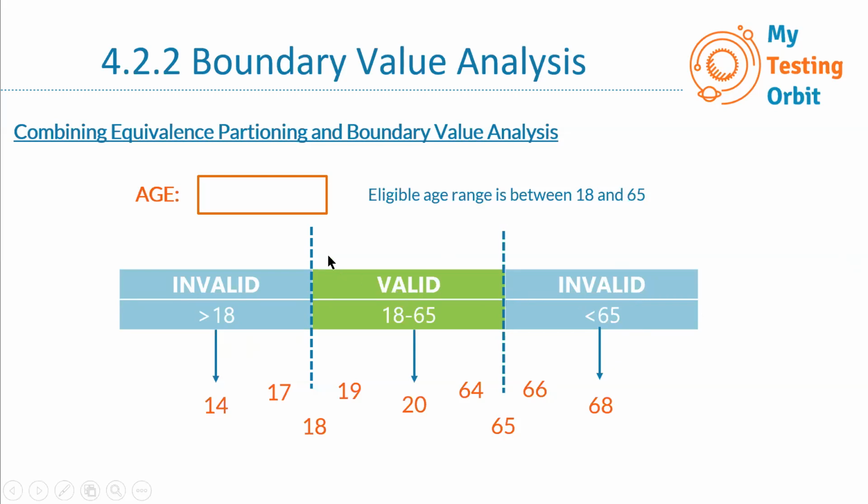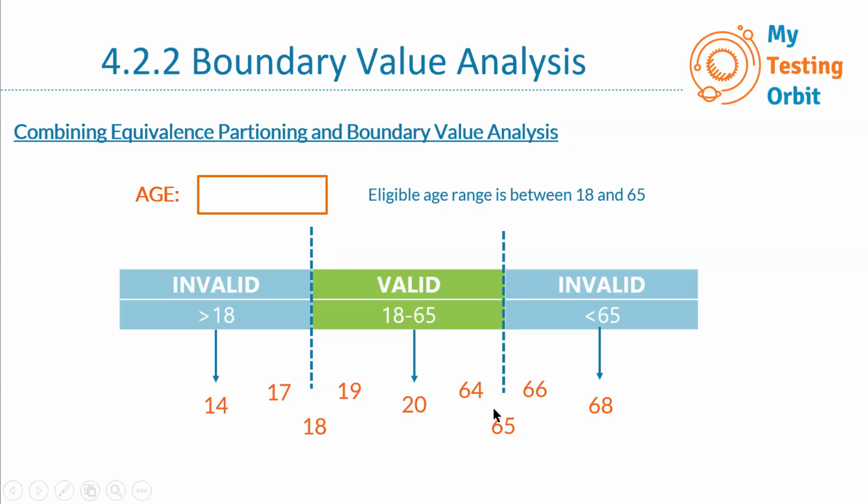Because we are assuming that if the requirement is this, then yes, we are testing invalid data as well, but we are assuming that this field will only accept numeric values. It will not accept any alphabets or any special characters. So we are assuming it, but as per this test, we are not testing it.